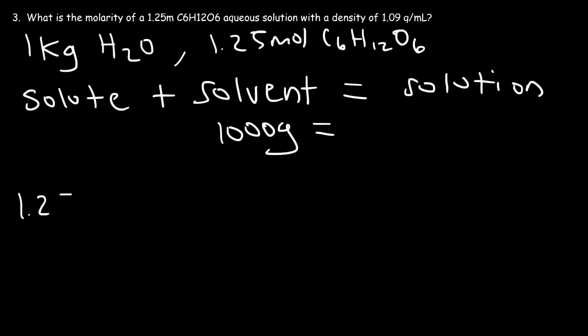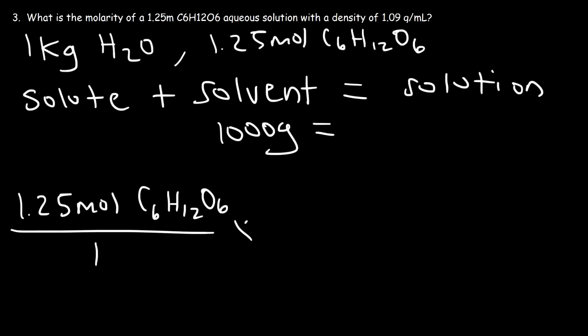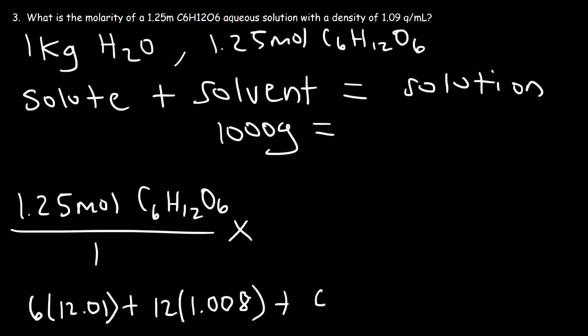So I have the moles of the solute, 1.25 moles. All I need to do is convert it to grams. So let's find the molar mass of glucose. The atomic mass of carbon is 12.01, and we need to multiply it by 6. Hydrogen is 1.008, and the atomic mass of oxygen is 16.